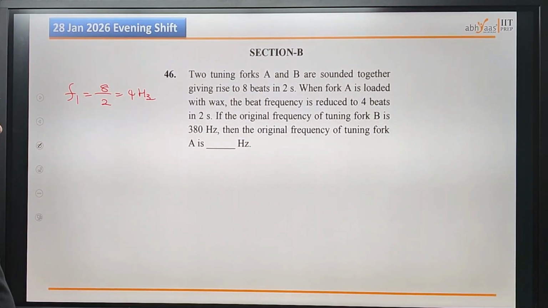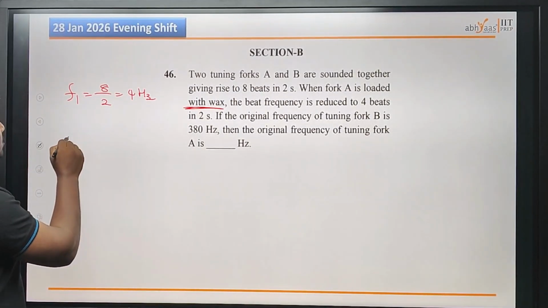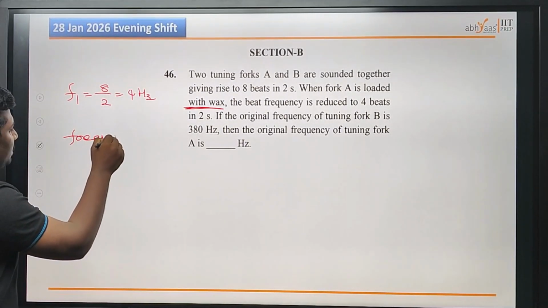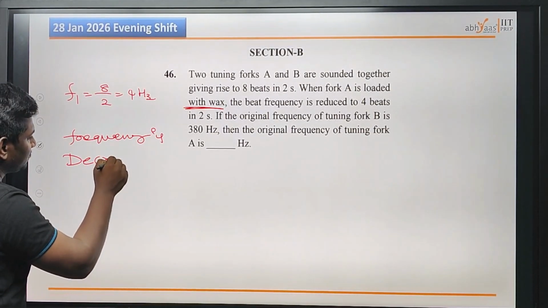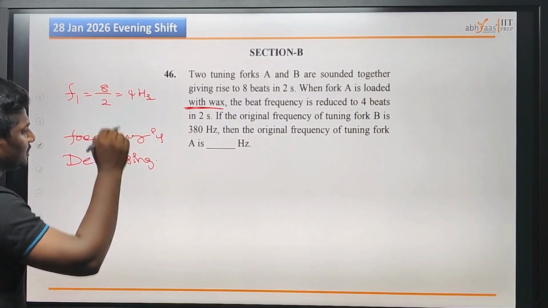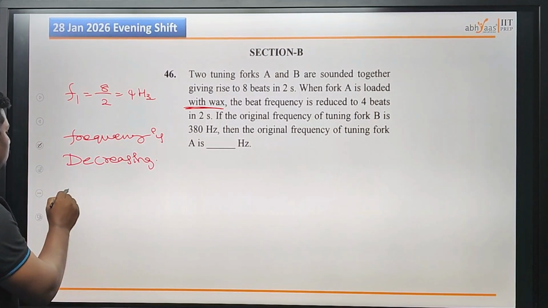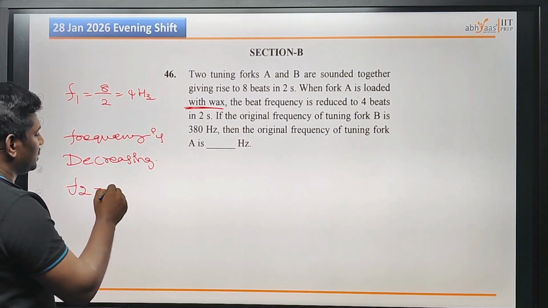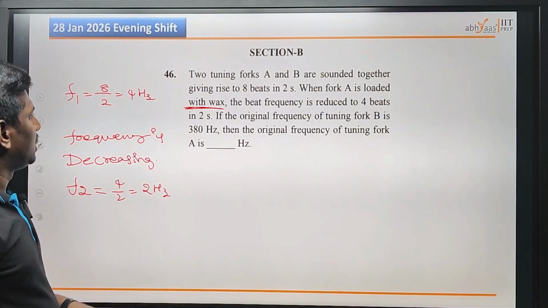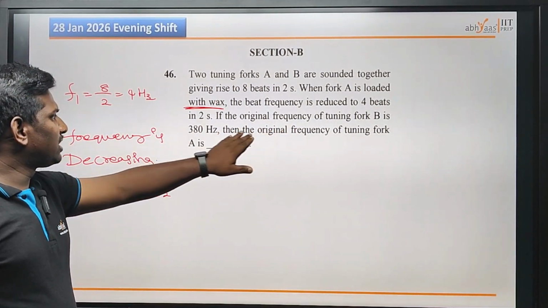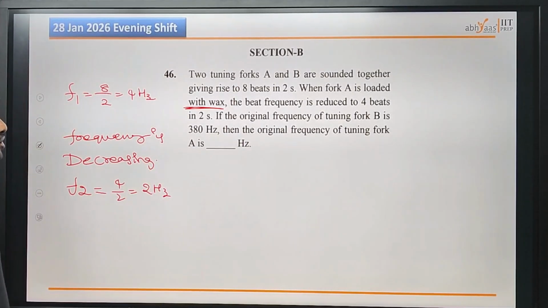When a fork is loaded with wax, the frequency is decreasing. The beat frequency is reduced to 4 beats in 2 seconds, that is nothing but 2 Hz. If the original frequency of the tuning fork is 380 Hz, then what is the original frequency of the tuning fork?